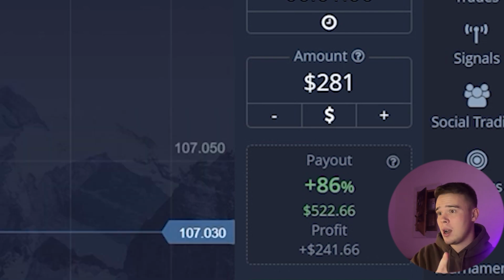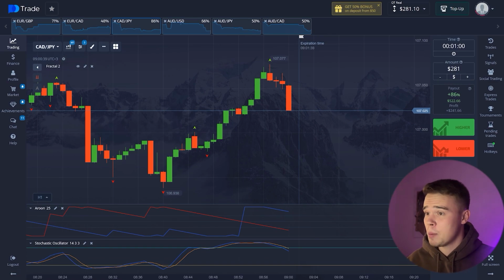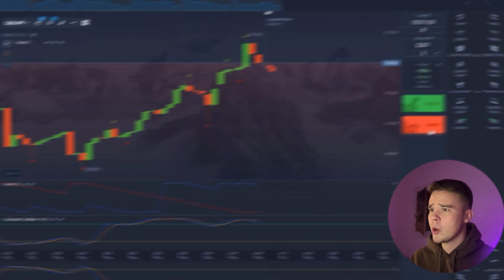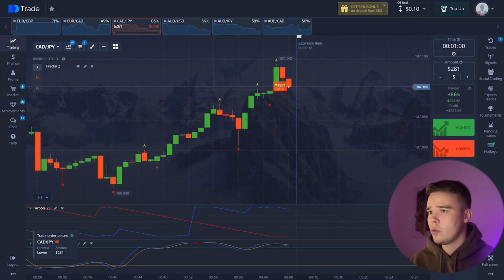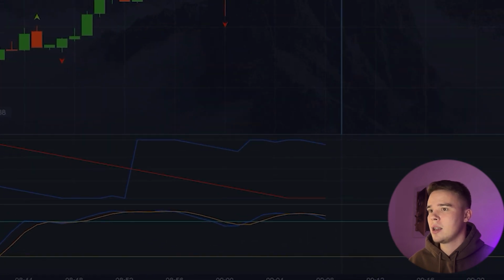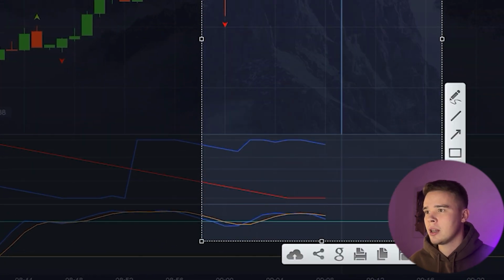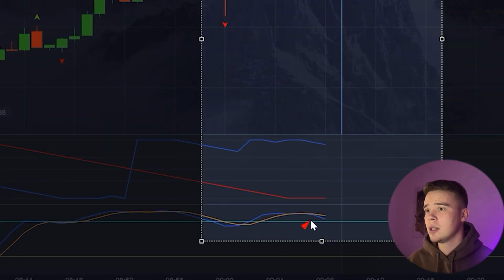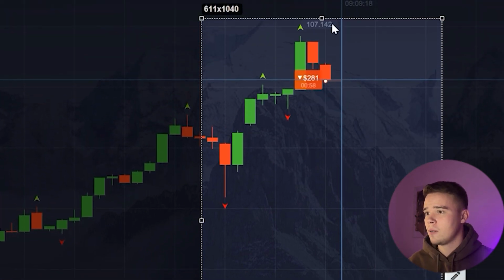And now I raise the amount to 281. I'm going to open another down trade. First, look at stochastic. Its blue line has crossed the orange line and it's going down. This is the first downside signal. And now the fractal. It's on top of the candle. That's why price is moving down from it.